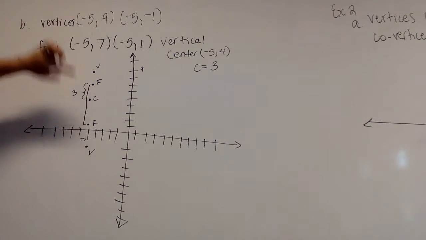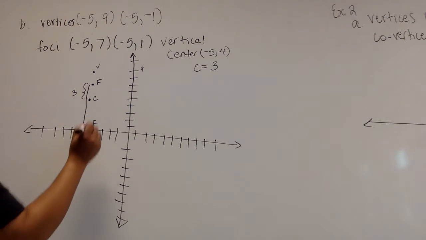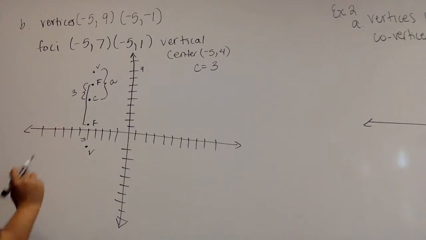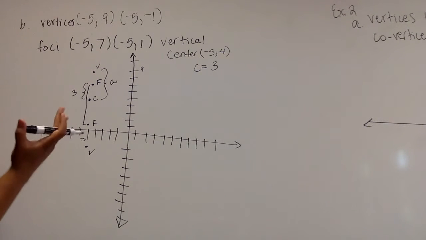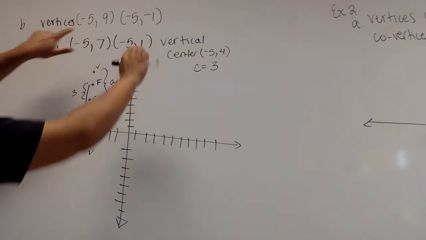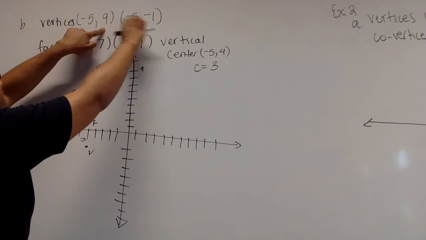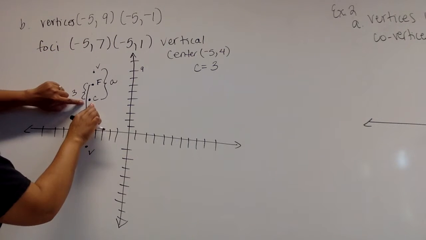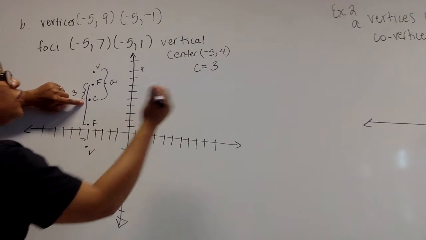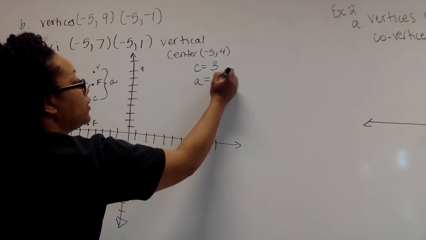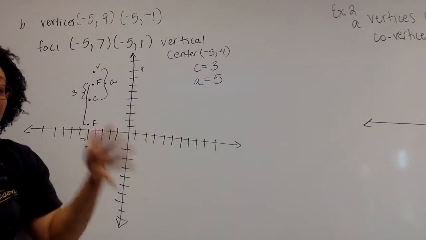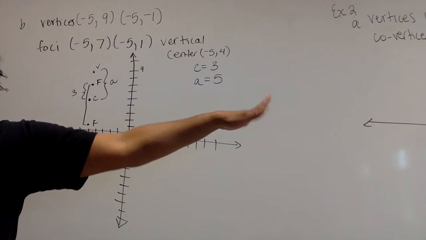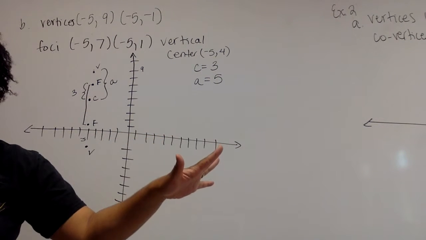Now, if I have my center, I know that the center to the vertex is my A. Well, if I want to know what my A is, I can just count. Or you can look and see the distance between vertices is 10. So my center has to be at the halfway point. So my A is 5. Y'all, either way, if you want to count it, count it. If you want to subtract, subtract. Just don't do what I did over there and make a careless mistake. That's all I'm asking. All right?